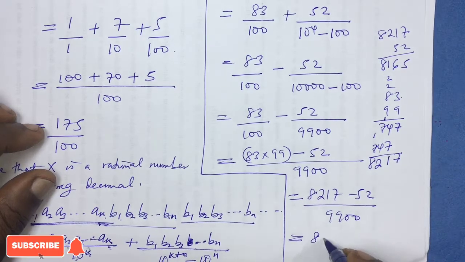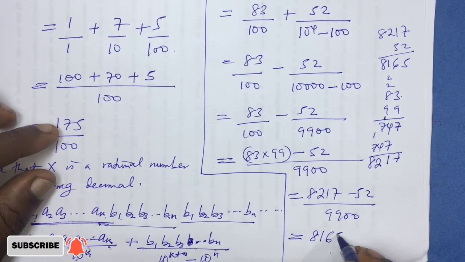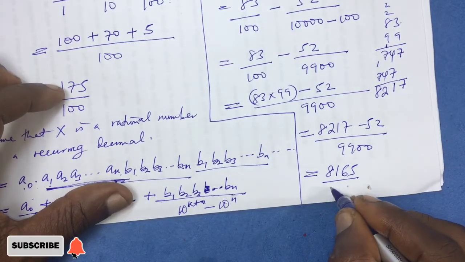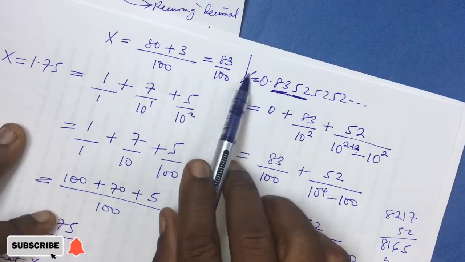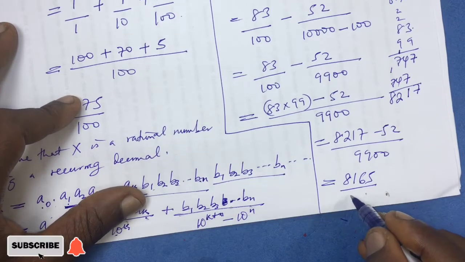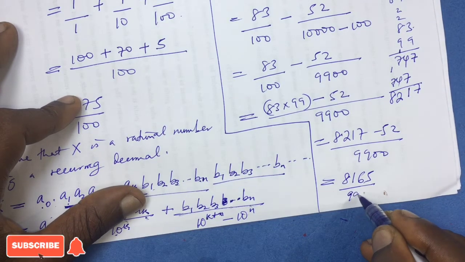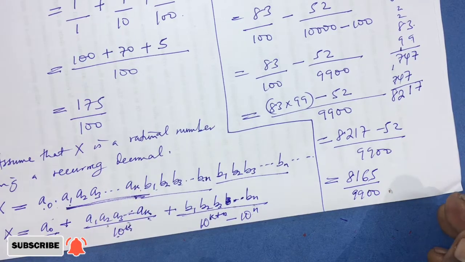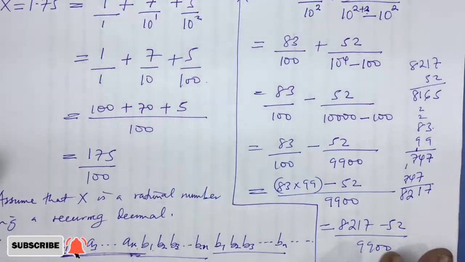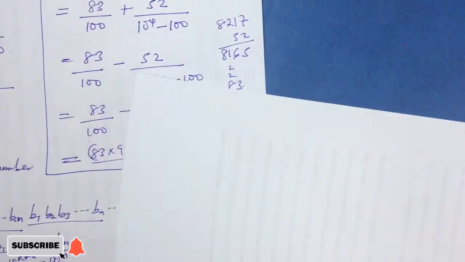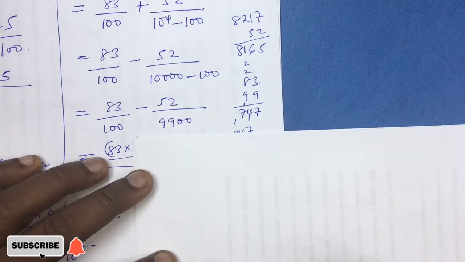So the fraction that gave rise to that decimal was actually 8165 all over 9,900.